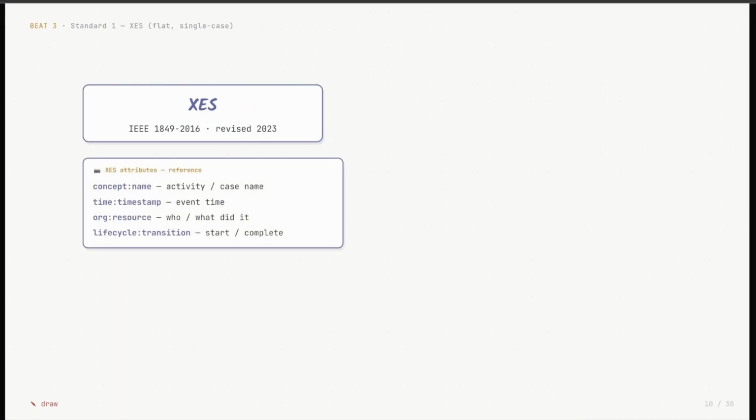In another episode, I've spoken to you about the following standard, what we call XES. It's pretty old, and it was revised in 2023. One thing to remember, if you have your data in XES, you can do the mapping, because XES is a tree actually.